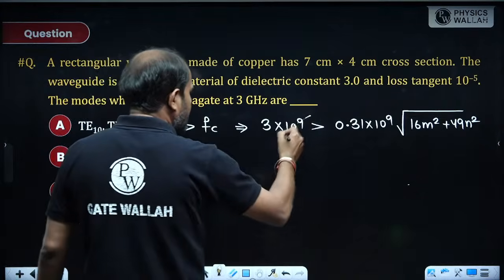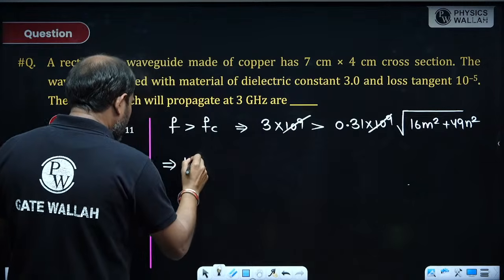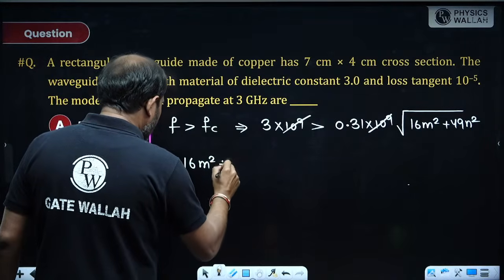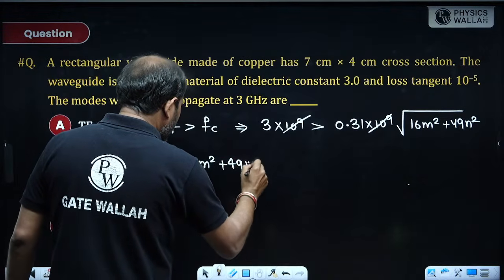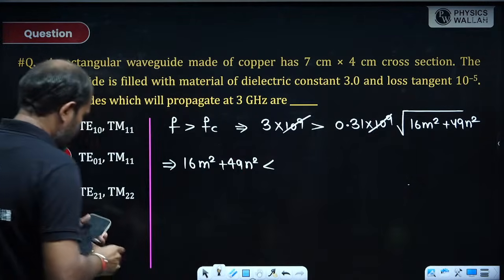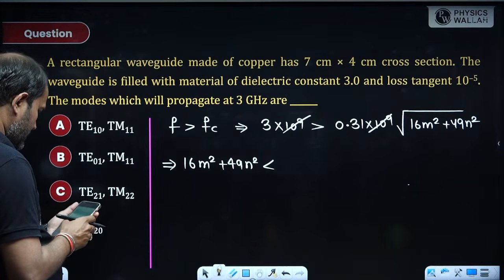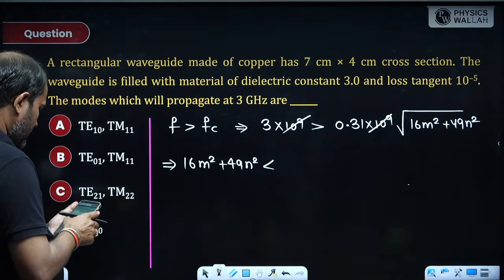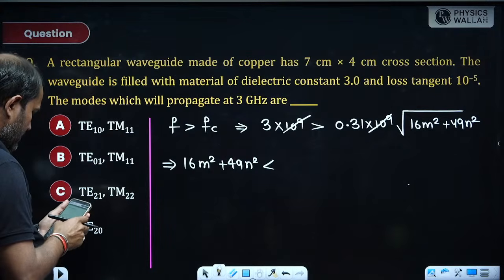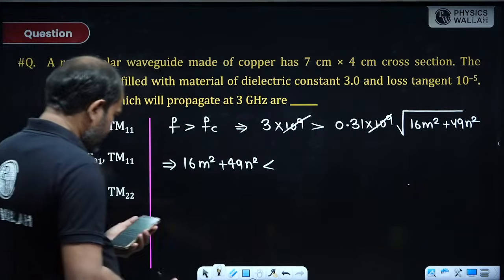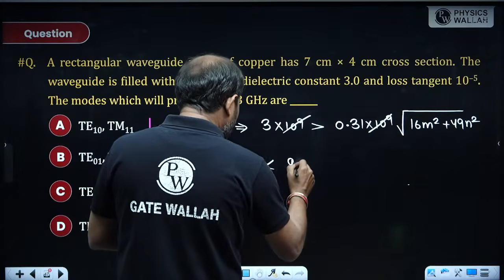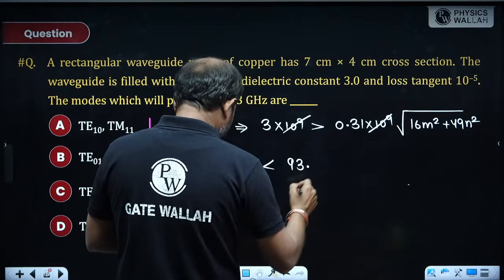So it will be cancelled out. So 16m square plus 49n square should be less than 3 divided by 0.31, square, which is 93.65.